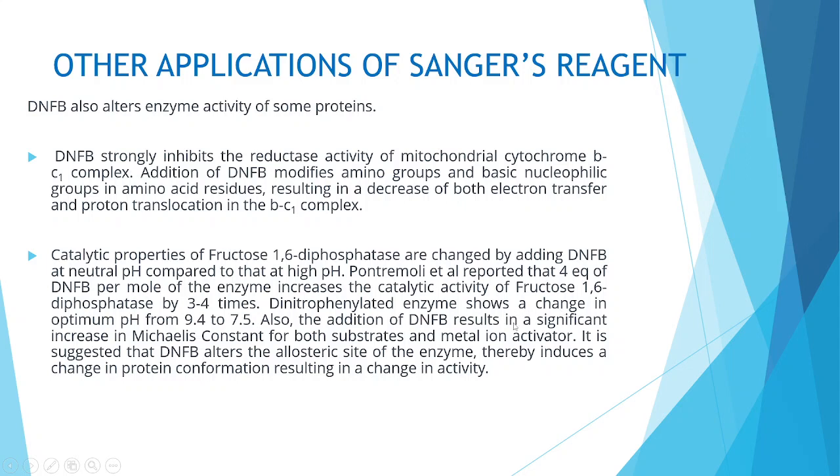Dinitrophenylated enzyme shows a change in optimum pH from 9.4 to 7.5. Also, the addition of this reagent results in a significant increase in Michaelis constant for both substrate and metal ion activator. It is suggested that this reagent alters the allosteric site of the enzyme, thereby inducing a change in protein conformation, resulting in a change in activity.